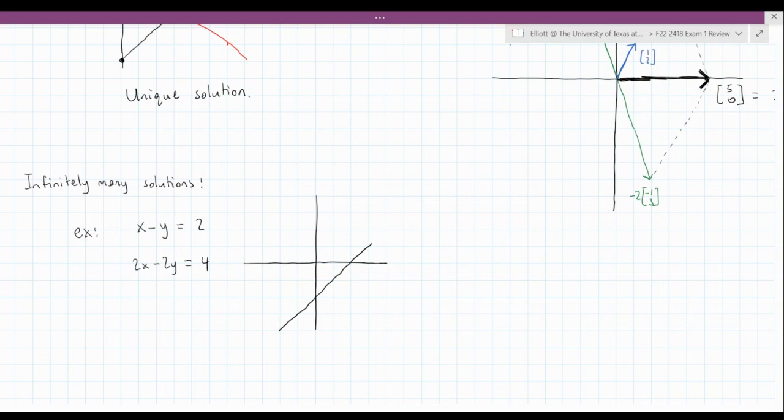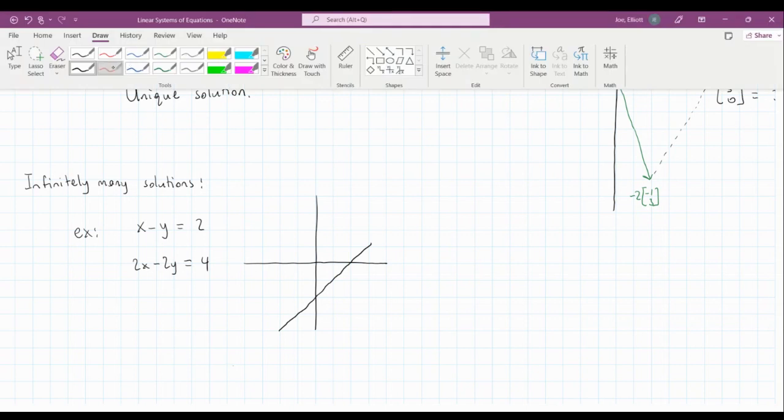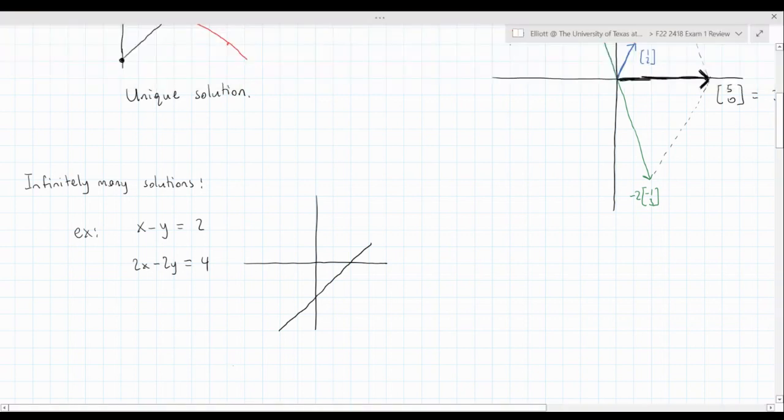Y-intercept is -2, slope is +1. But the second line is the same as the first line because it's the same equation. So the solutions are supposed to be where the two lines intersect each other. In this case, the two lines are intersecting at infinitely many points. And so therefore, you're getting infinitely many solutions here, okay?